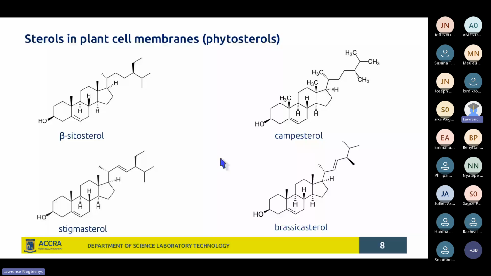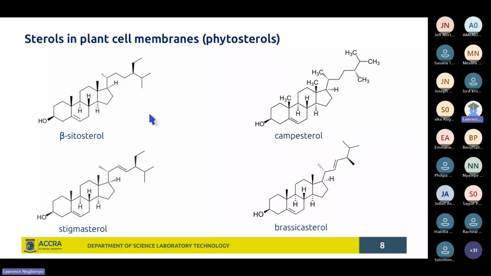But there are some medicines out there on the market that contain some of these phytosterols. That is because they are sterols that are coming from plants. They can easily solubilize cholesterol, and so they don't get accumulated in blood vessels, forming plaques and causing increase in blood pressure and other cardiac conditions as well.